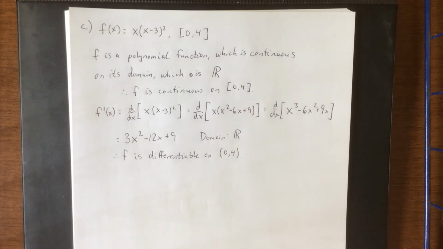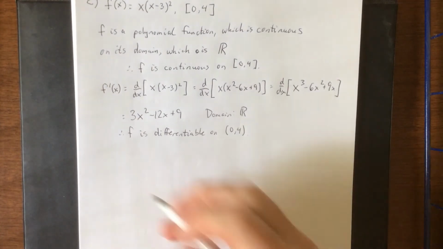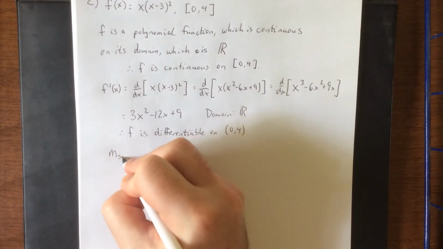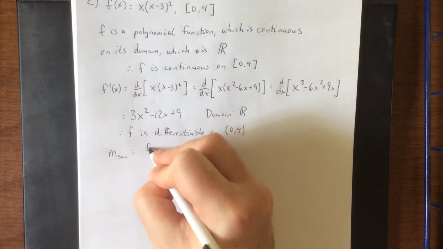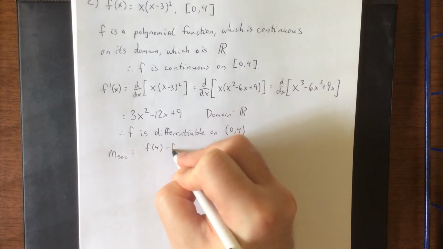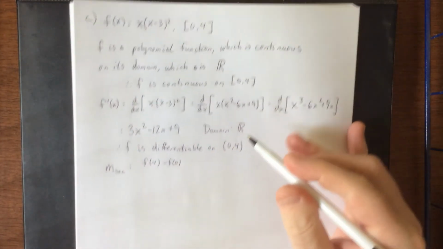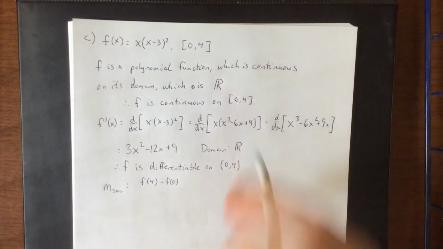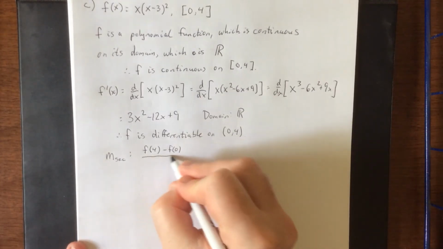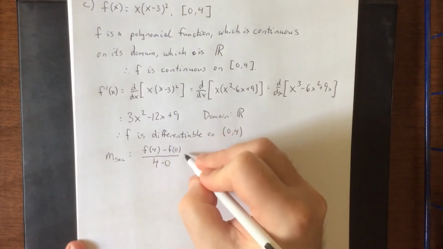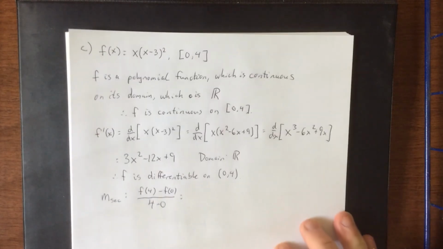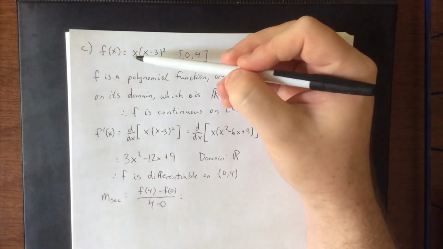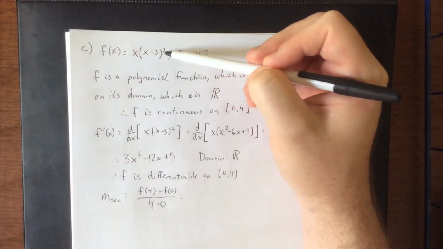Finally, we're going to need a slope of the secant line. Slope of the secant line is going to be f of 4 minus f of 0, since those were the x values that were given to us, all over 4 minus 0. So plugging in x equals 4, we're going to get 4 times (4 minus 3) quantity squared.